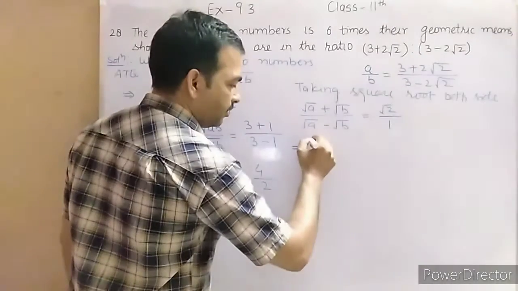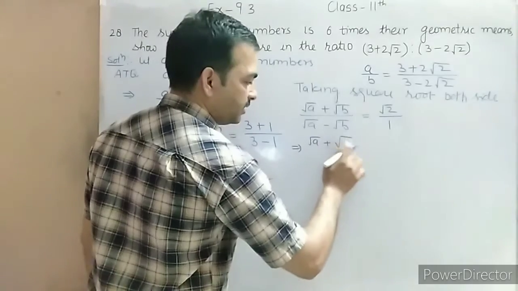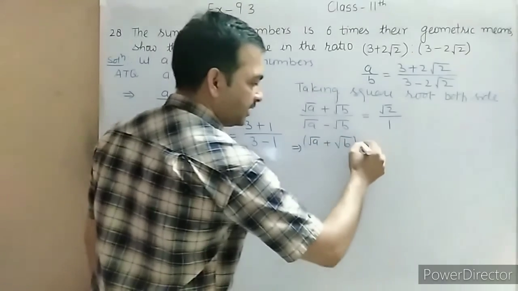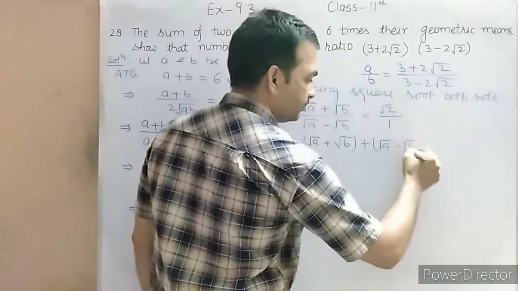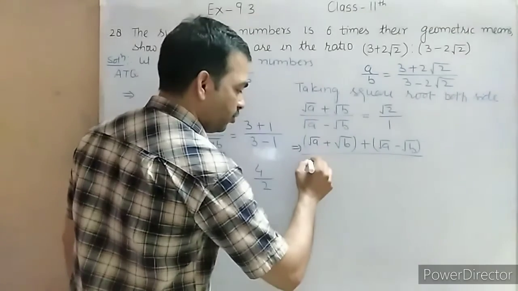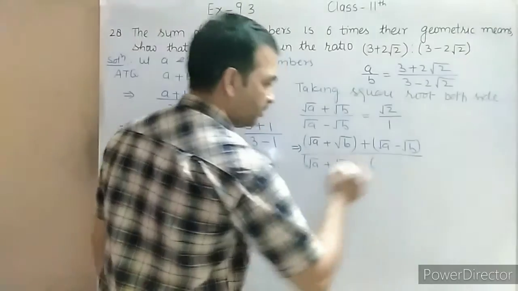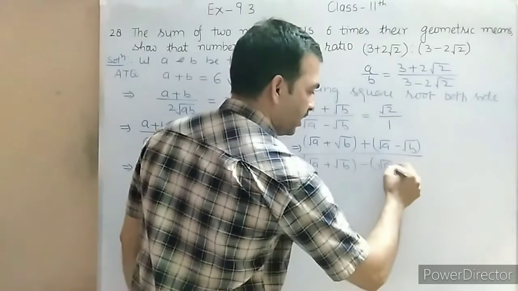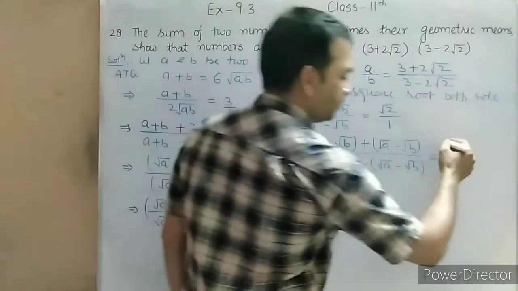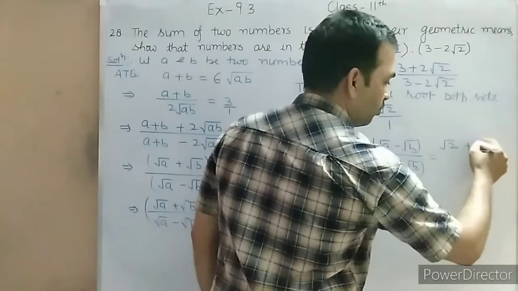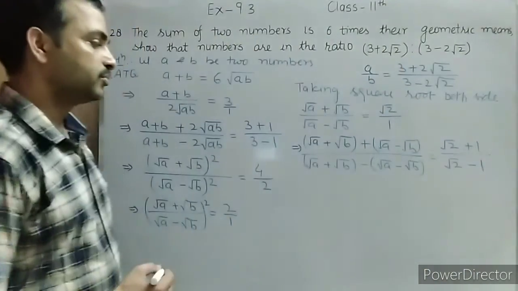This implies numerator root A plus root B plus denominator root A minus root B, divided by numerator root A plus root B minus denominator root A minus root B. The same process on the right hand side: numerator plus denominator divided by numerator minus denominator.